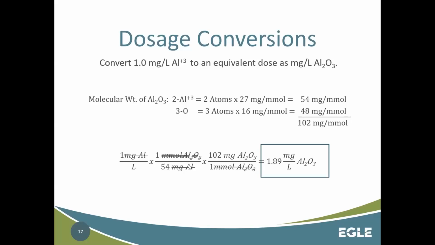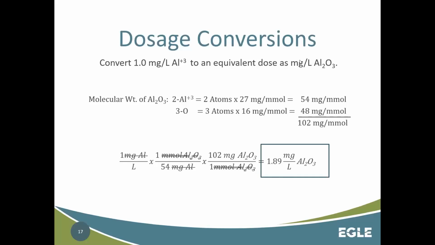And you can see, again, if you're taking a test or you're taking this course in preparation for a test, sometimes you can use the units to help you, and it's always important to make sure that all of the units are canceling out so you end up in the right units for your answer. So here we can see milligrams of aluminum are canceling out. We can see that our millimole of aluminum oxides are canceling out. So we're left in units of milligrams per liter. And the answer is 1.89 milligrams per liter aluminum oxide.